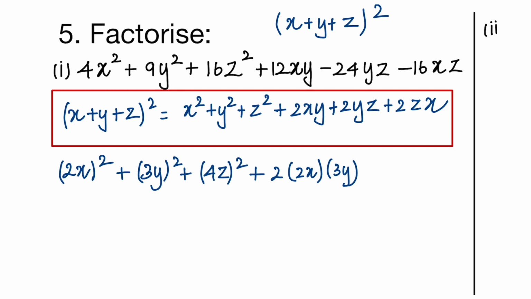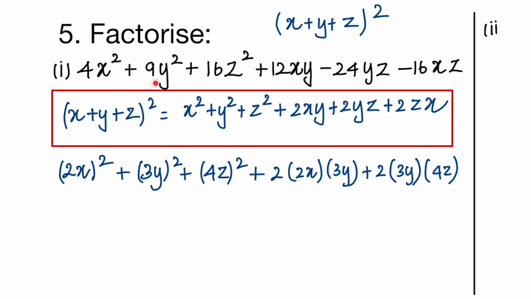Okay, and the next term is minus 24yz. Because we have used x plus y plus z the whole square, this should be a positive term, plus 2 into y is 3y and z is 4z. Now if you multiply these three terms, they come out to plus 24yz and not minus 24yz. So either this 3y or this 4z should be negative.